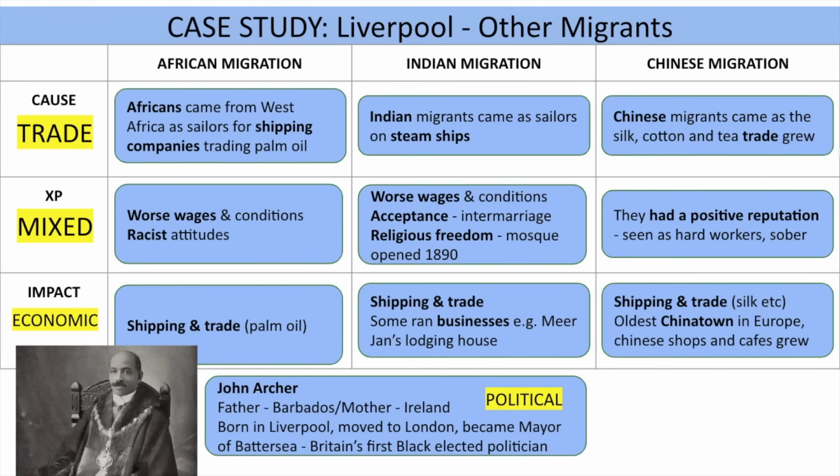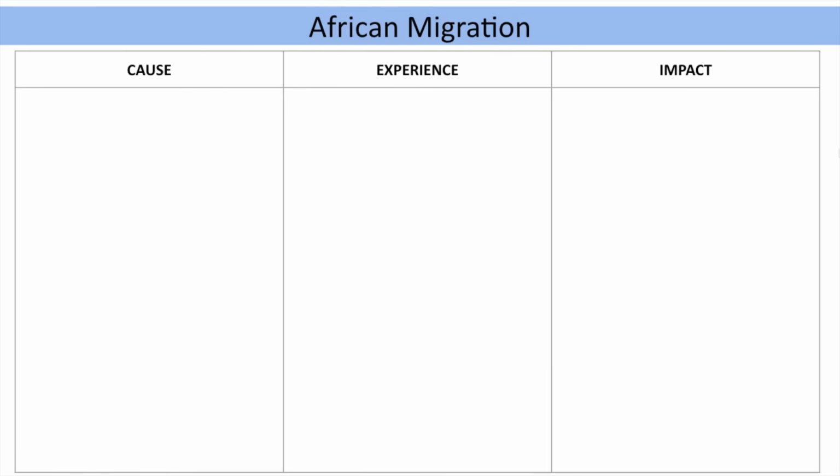So we've looked at Irish migration in detail. The next migrant group I want to look at specifically is African migration. Now, the key cause for African migration at this time that we learn is the slave trade, but you need to be very clear that the slave trade is not directly bringing people from Africa to Britain.